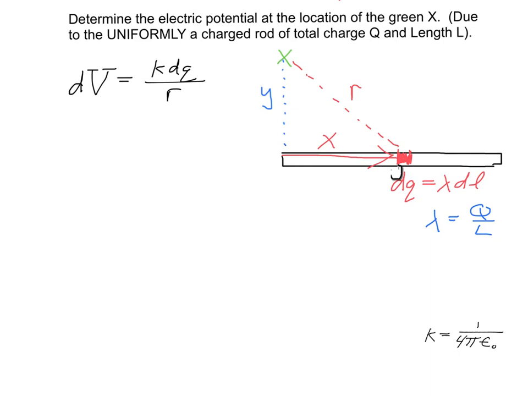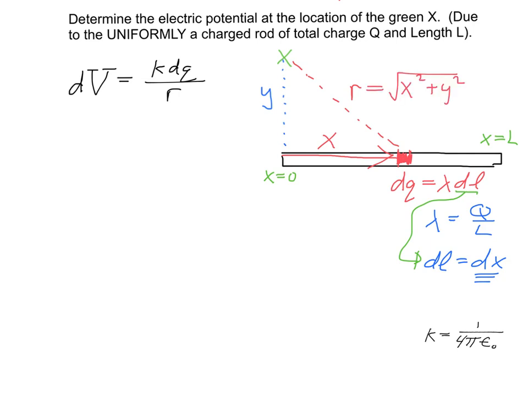My dq will now become lambda dx. Okay, so we're almost done. We now need to express this r in terms of our variable of integration and of other stuff that's not going to change. We can do that using the Pythagorean theorem. R squared will be x squared plus y squared in this picture, so we can put that in there.